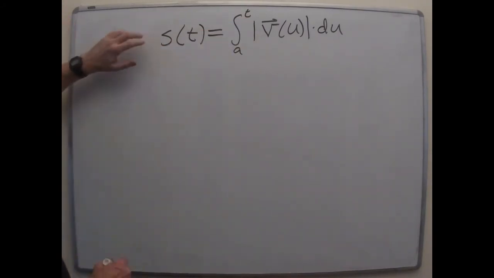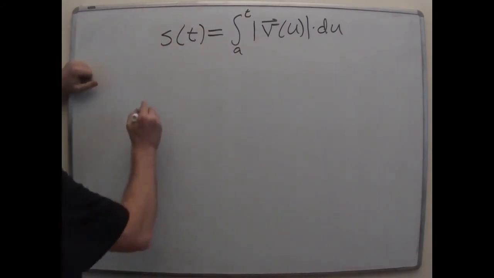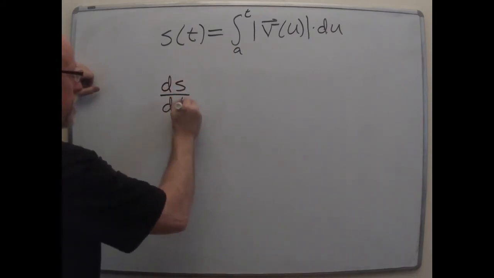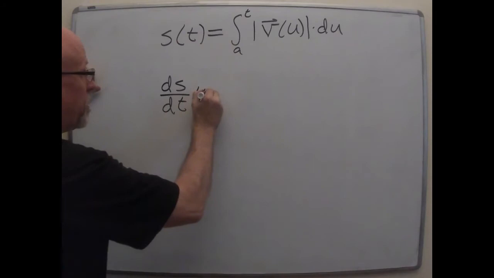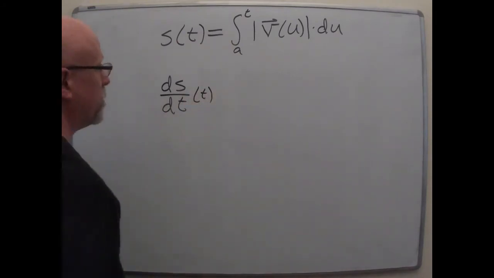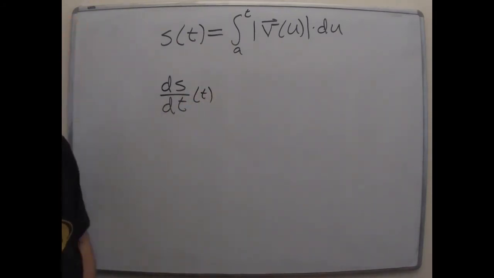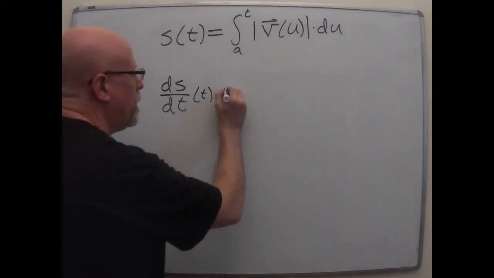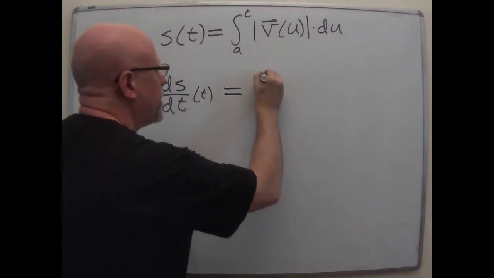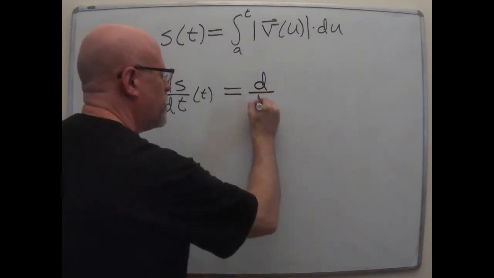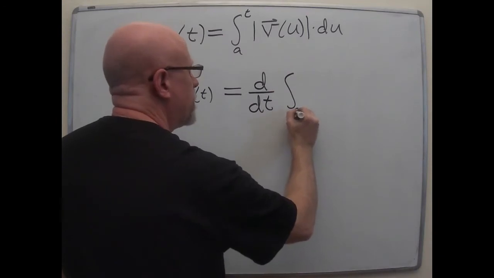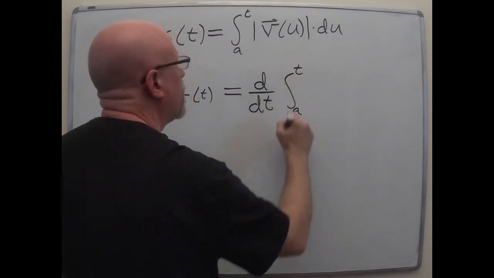If I take the time derivative of both sides of this, on the one hand I get ds dt. That is actually a function of time, but people normally don't write the of t after it. Is it wrong of me to write it? I'm going to leave it anyway. The other side, it's a little harder to think. What do you do to take the derivative with respect to time of something that looks like this, with time as the upper limit?